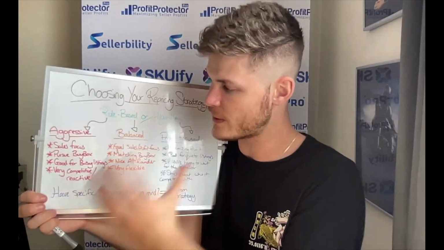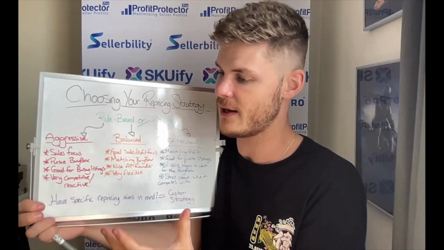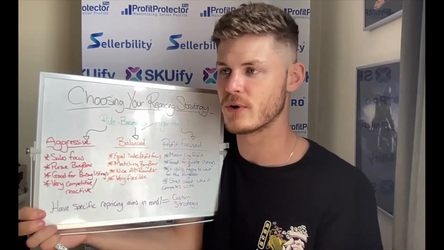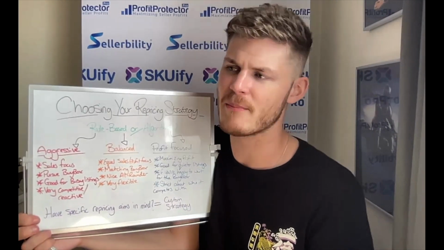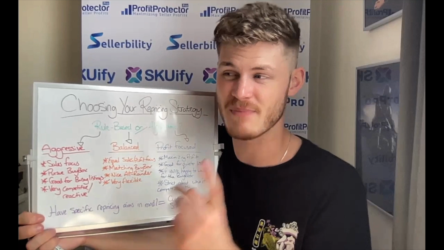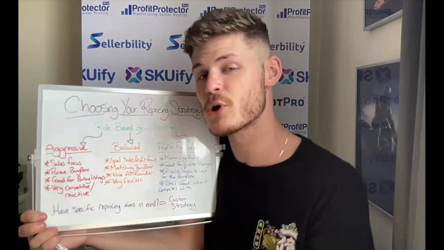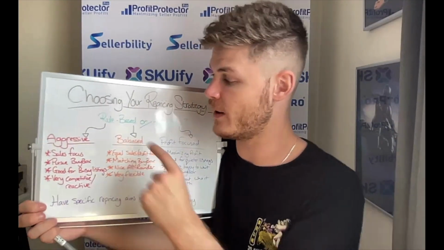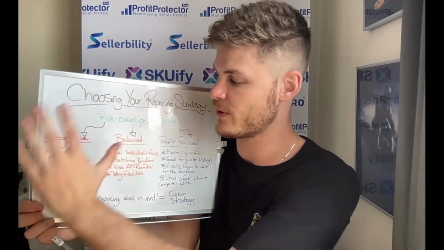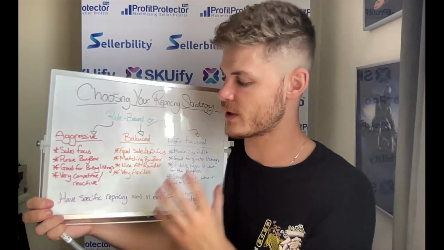So always try a different strategy if it makes sense to, or if you've got a strong inkling that if I change from balanced sales accumulator to cautious sales enhancer, maybe I get that bit more profit. Who knows? You'll only know when you actually try and find out, but using this guide will help point you in the right direction for what kind of strategy you want to use.